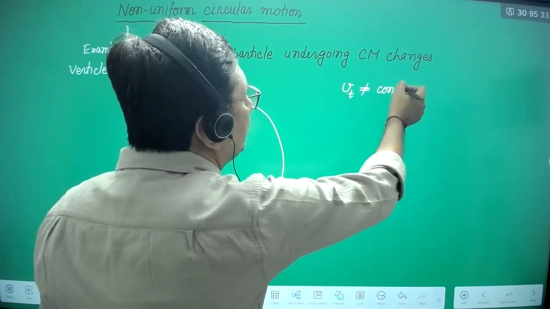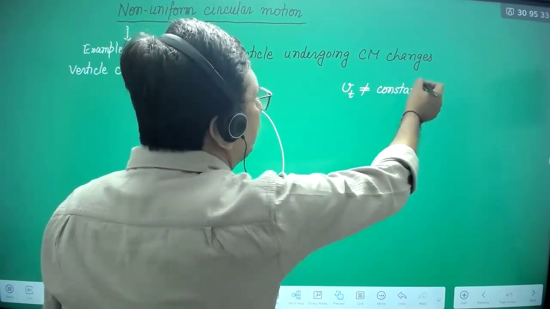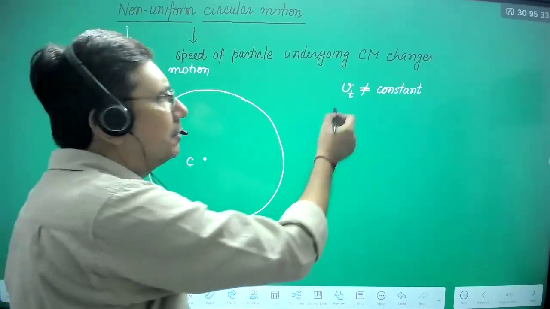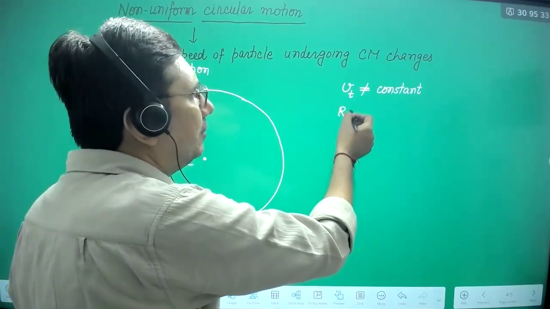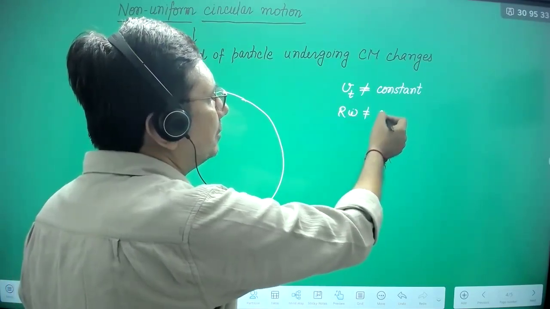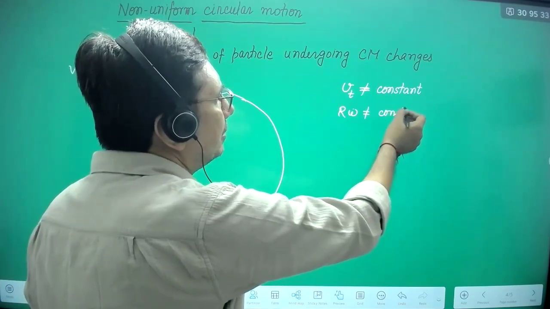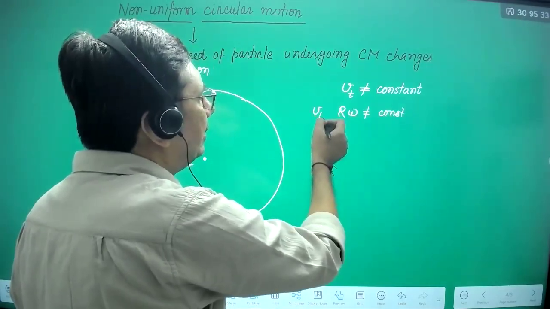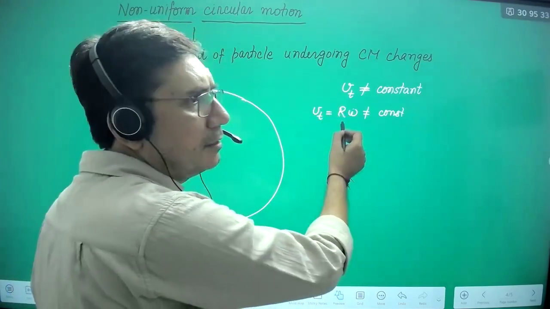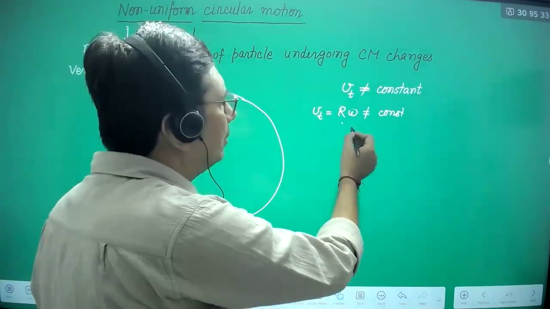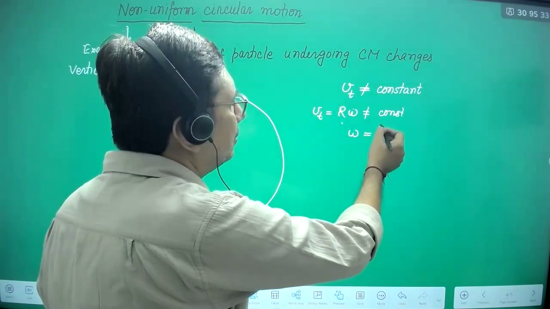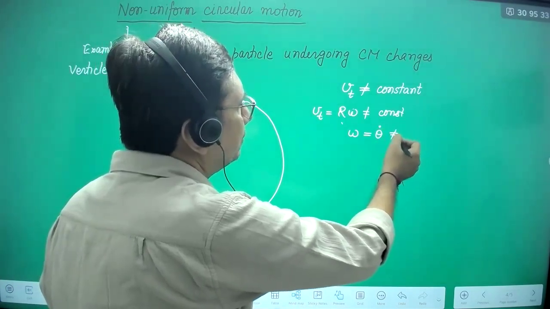Vt will be r omega. R is constant, the radius is not going to change. So here omega, or you call it theta dot, is not constant.